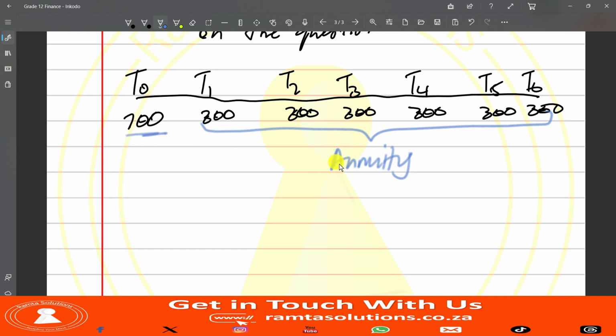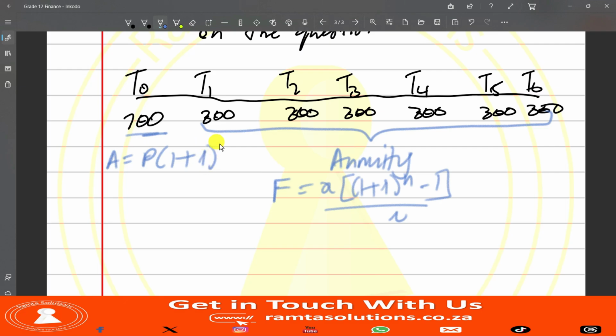So if this was an investment, you will use F equals x into open bracket, 1 plus i to the n minus 1, all over i. But with this one, you will use A equals P into 1 plus i to the power n. Remember, when you use this one, this n does not represent the number of installments.